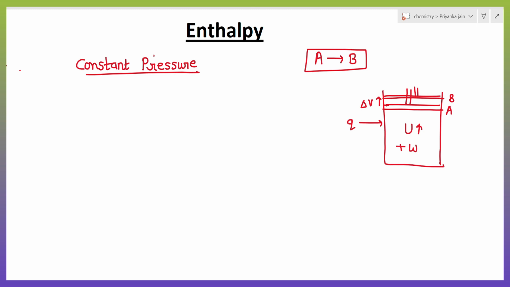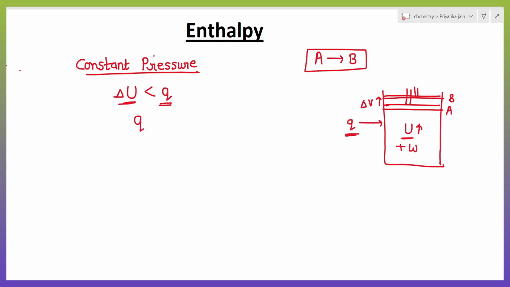It means the heat supplied to the system is not equal to the change in its internal energy, which is less than the heat given to the system, because the heat is now being utilized to do the expansion work. So this heat supplied is actually equal to another important property called enthalpy.